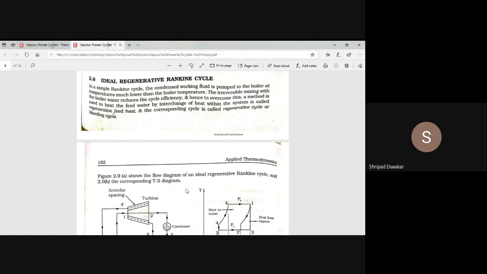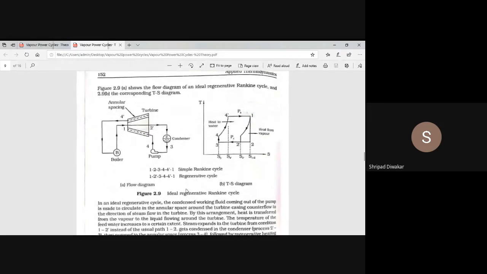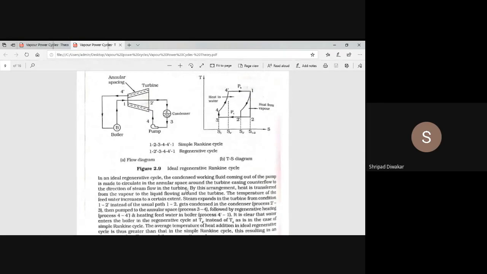Okay, so the ideal regenerative cycle. The ideal regenerative cycle means, you see the diagram. In this case, you have to highlight the turbine. On the outer periphery, we are having the annular spacing. It is like a tubular structure, and it is placed around the turbine. That is the one extra thing you have to show in the ideal regenerative cycle.